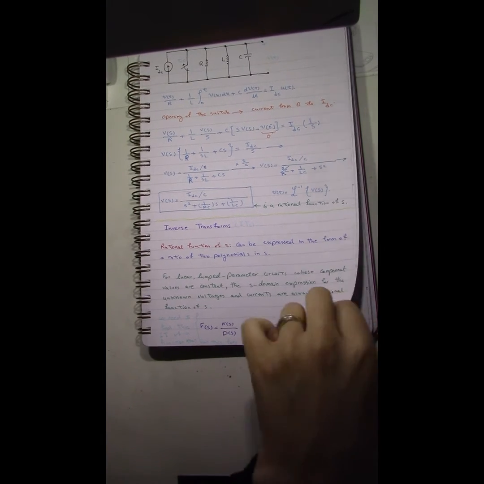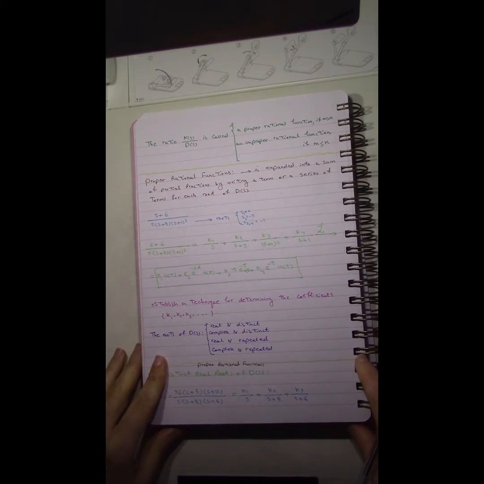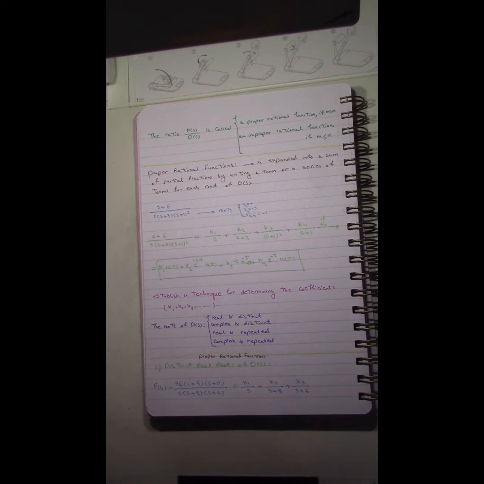If m is smaller than or equal to n, we call it improper. Any questions? So you know the difference between proper and improper rational functions. Okay, it was easy.